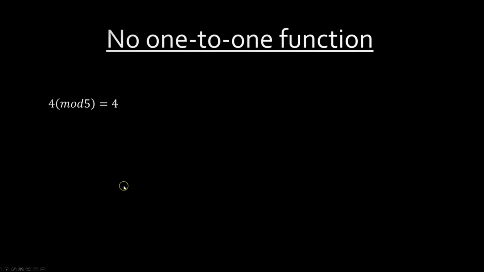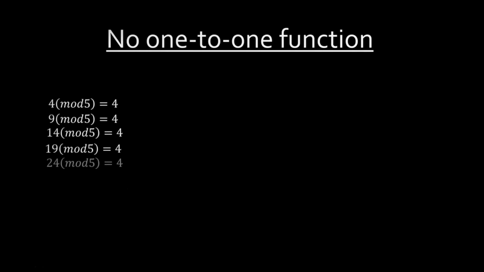So 4 mod 5 equals 4, 9 mod 5 equals 4, 14 mod 5 equals 4, and 19 mod 5 equals 4. We can go on. And we can see here that 24 is one of our answers. But there's just no way to choose this 24. There's just no way. That would go on for eternity.